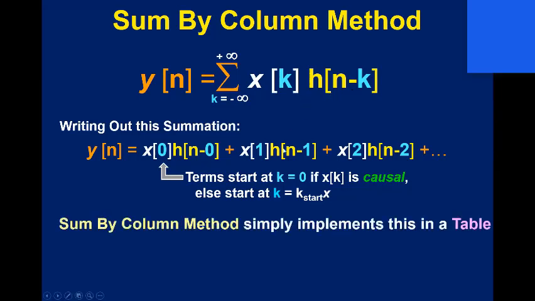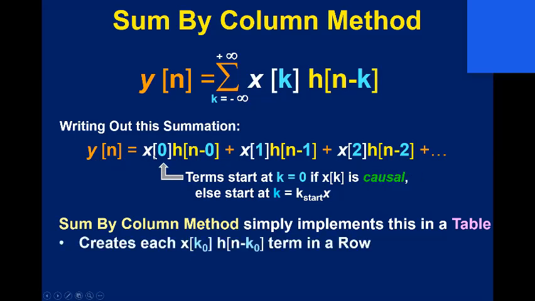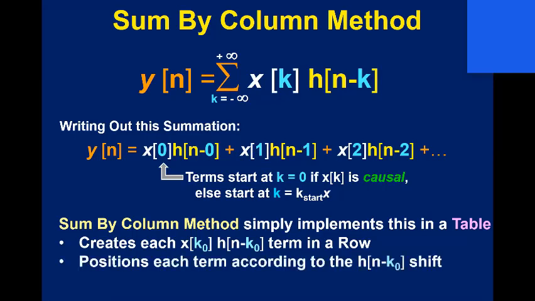The sum by column method basically looks at this summation and creates a table to compute this summation. So first we create each of these terms, the x of 0, h of n minus 0, the x of 1, h of n minus 1 term, and each of those gets a row in the table. Then we position them within the table.